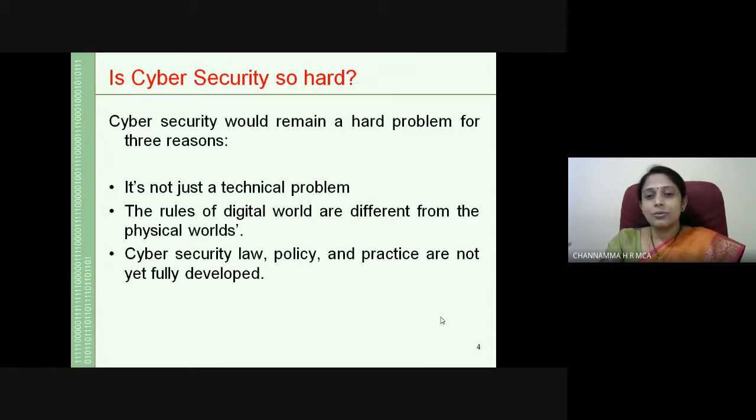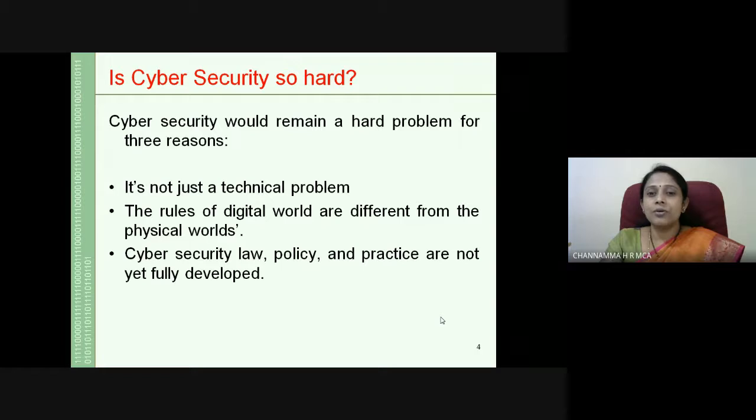As I told you, digital data cannot recognize borders or boundaries, but the law has boundaries. Every country has its own cybersecurity law or policy. But laws change nation by nation, while the crimes are the same. Criminals are sitting somewhere and attacking people who are sitting in some other country.